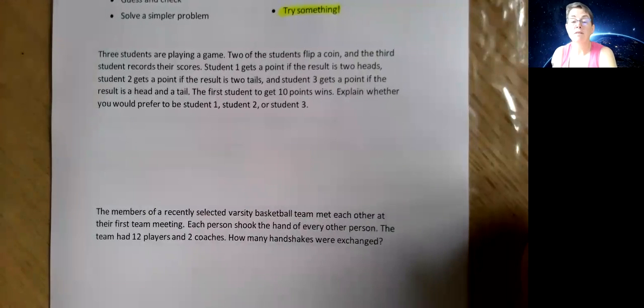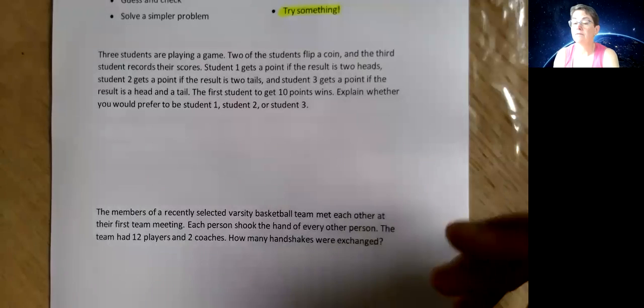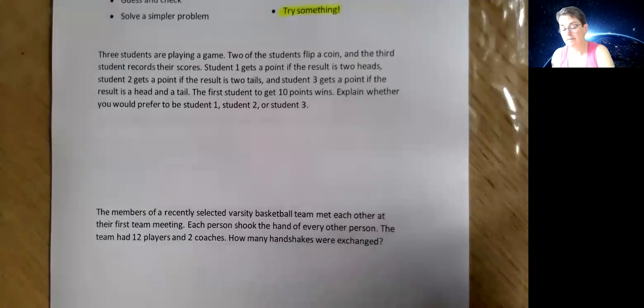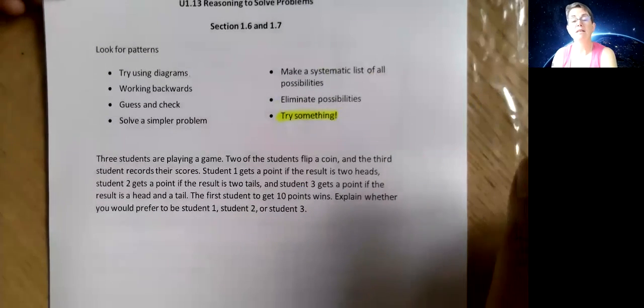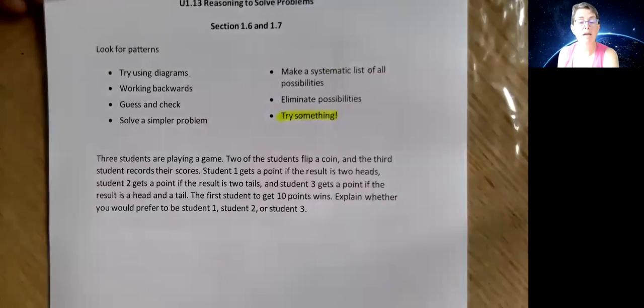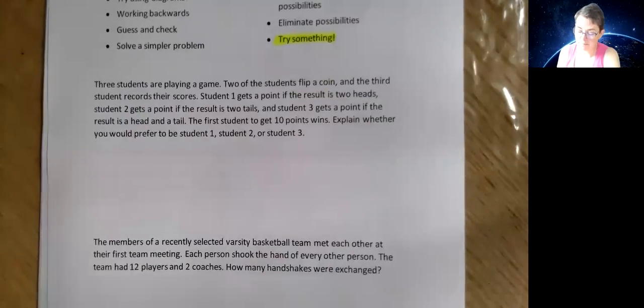Well, you could do this by inductive reasoning if you wanted to, and flip some coins and see how this goes. But I think we are going to do the systematic list of all possibilities and maybe even a diagram.